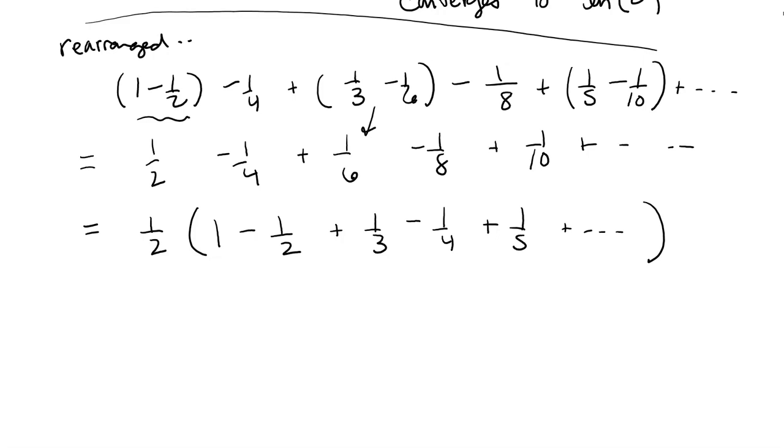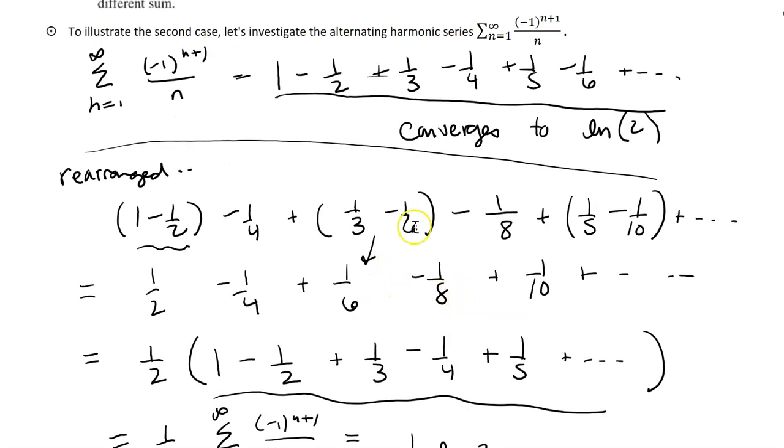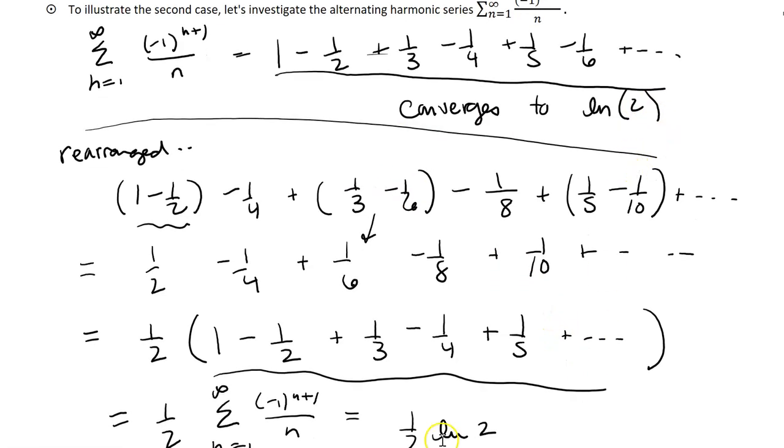It's an infinite series. So what that means then is that this is the original alternating harmonic series from n equals 1 to infinity of negative 1 to the n plus 1 over n. And since that has a value, the natural log of 2, this whole thing is really 1/2 times the natural log of 2. So what we've done is we've rearranged the terms and gotten a different convergence value.